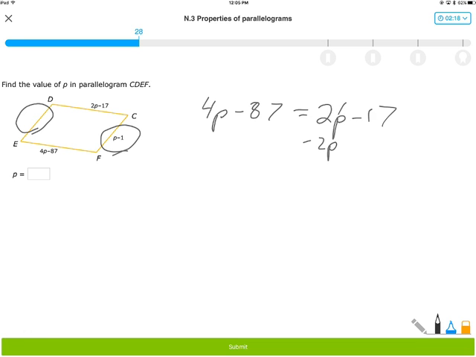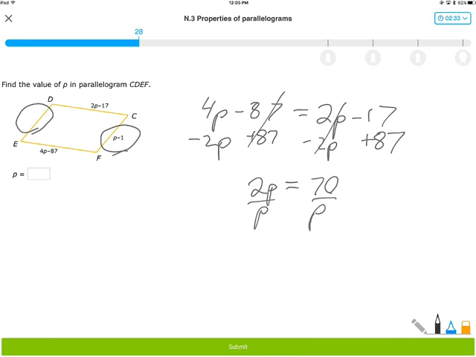So subtracting 2P from both sides and adding 87, we get that 2P equals 70, dividing by 2. And again, it's asking for the value of P. I'm just double checking because it could at any point ask for what's the length of the side. So we get P is 35.